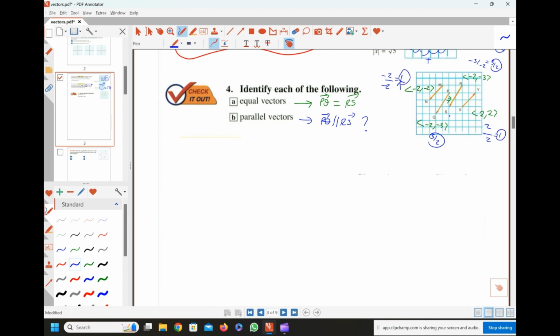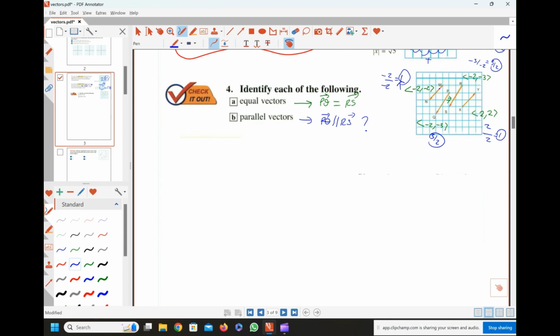The first vector and the last vector, opposite over adjacent, the trigonometric ratios are the same. So they're also considered to be parallel to each other. By just looking at it by eye, we can also see that MN is parallel to XY. But to make sure, we have to find the ratios, opposite over adjacent.